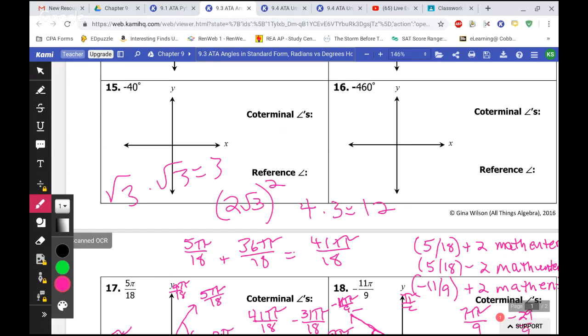The reciprocal of sine is cosecant. The reciprocal of cosine is secant. So instead of sine being opposite over hypotenuse, it's going to be hypotenuse over opposite. Okay, that makes sense.